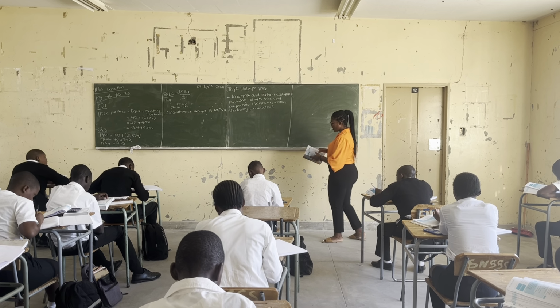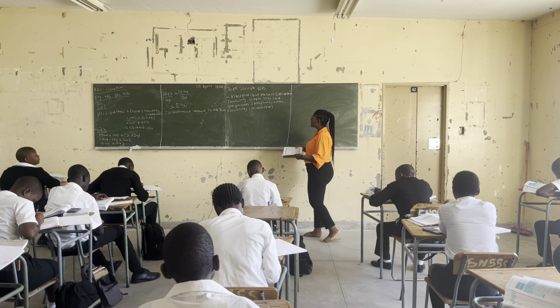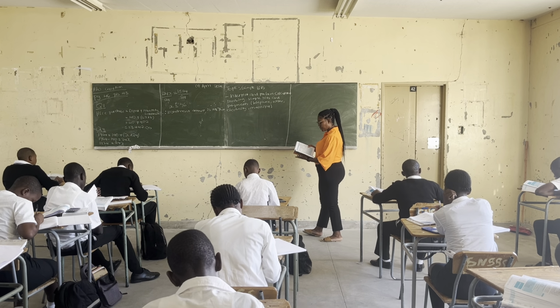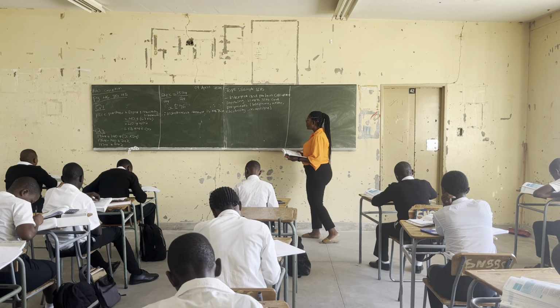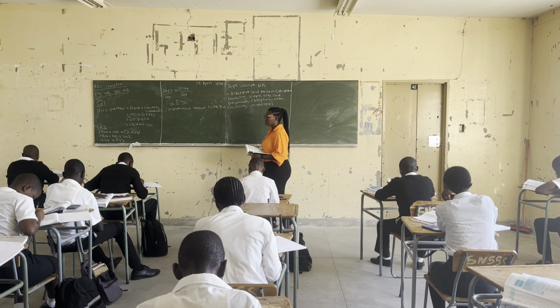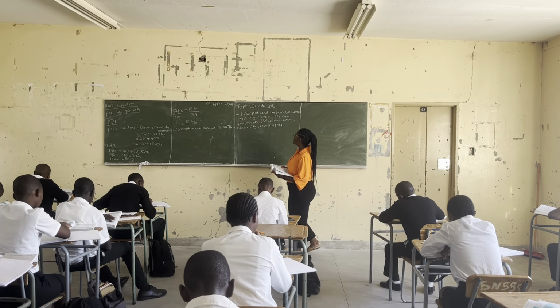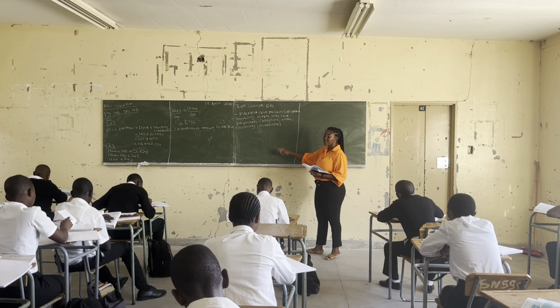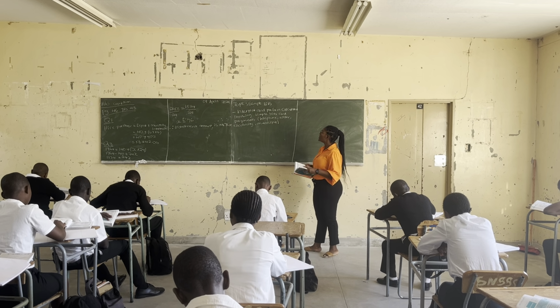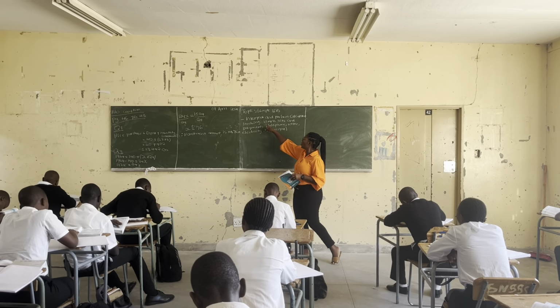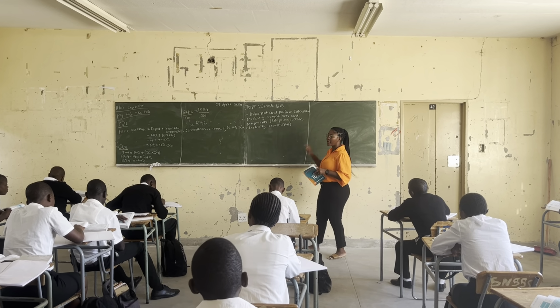Let us work out the receipt on page 48. What type of bill is that? The receipt on page 48, what bill is that among these ones? Because the objective says we need to interpret and perform calculation.